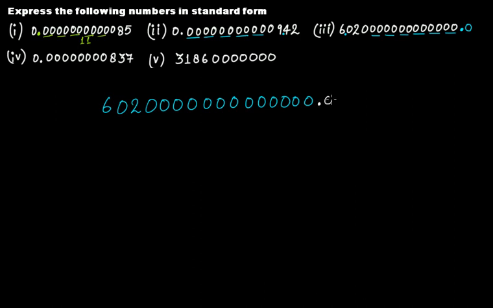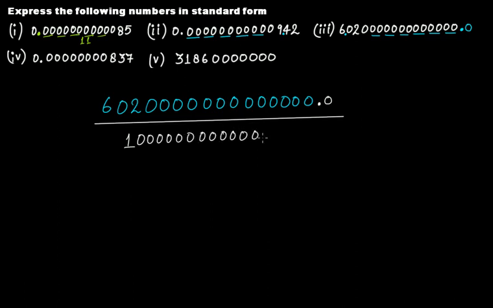Now, if I want to bring this decimal point to here, I divide this number by 1 and 15 zeros, because 13 zeros and these 2 digits. So 1, 2, 3, 4, 5, 6, 7, 8, 9, 10, 11, 12, 13, 14 and 15, right? Dividing this number by 15 zeros is basically 10 raised to the power of 15, right?